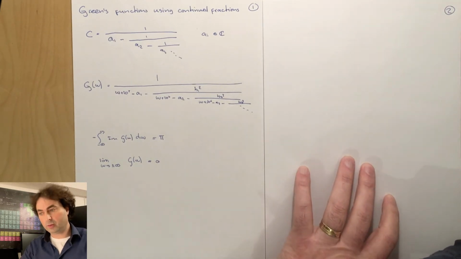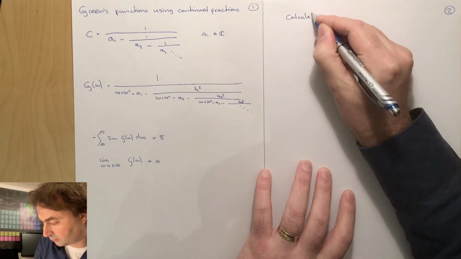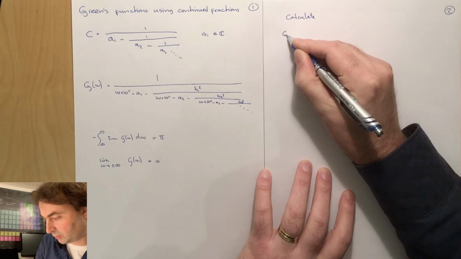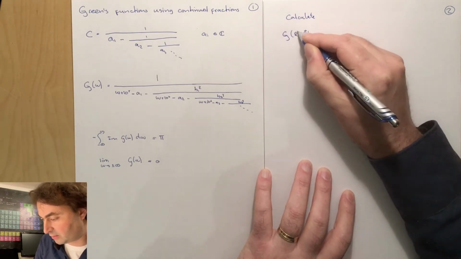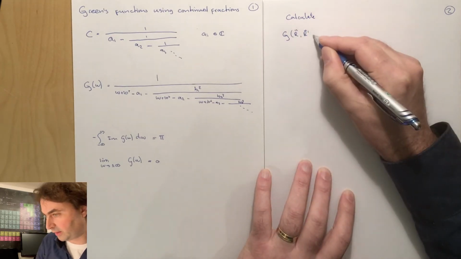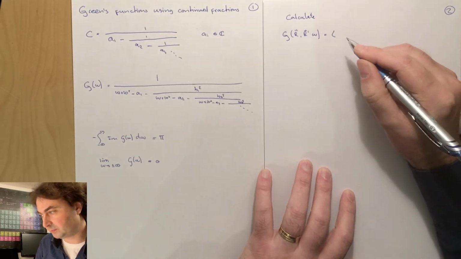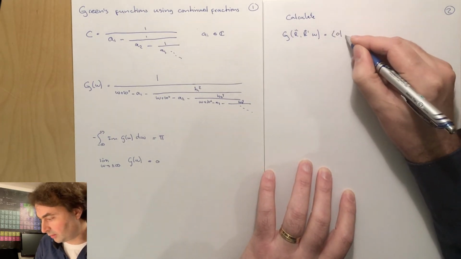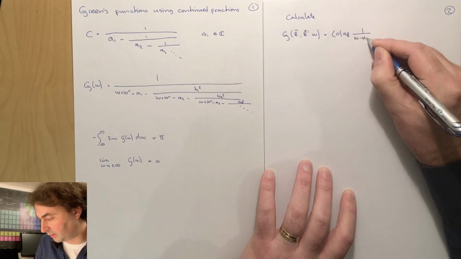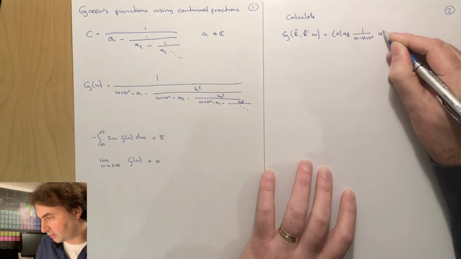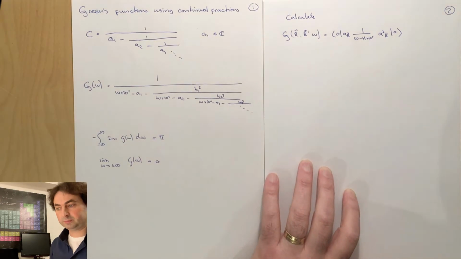So what do we use continued fractions for? We are interested to calculate a Green's function between two sites. We generate a particle at r prime and we annihilate it at site r, which is given as <0| a_r 1/(omega minus H plus i0+) a†_r' |0>.